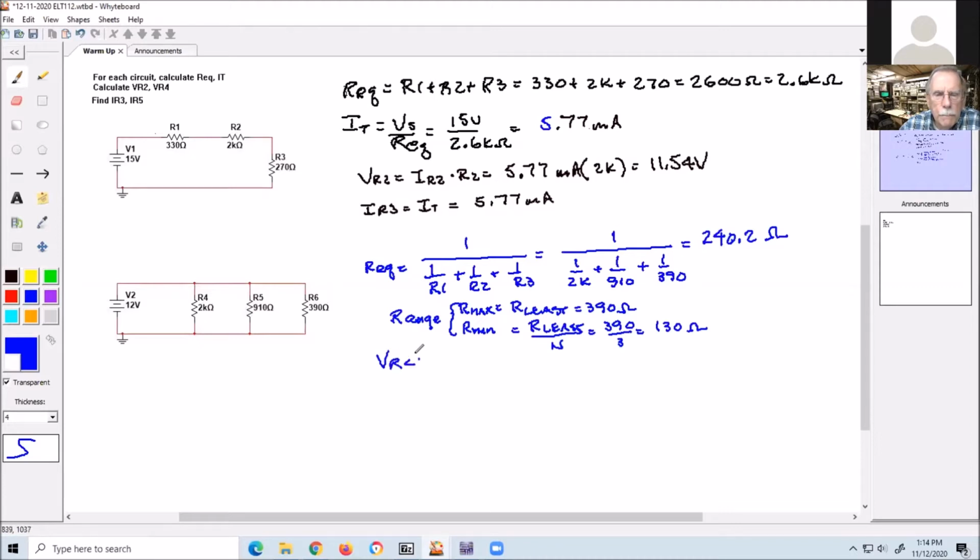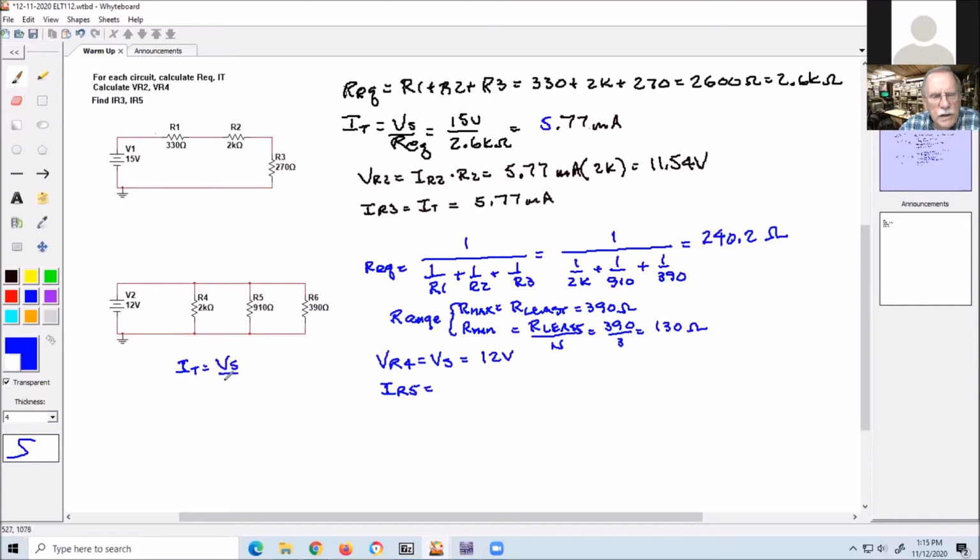VR4, because it's a parallel circuit, is equal to V sub S. So that is 12 volts. And then IR5, remember this is a parallel circuit, so it's not equal to IT. Oh, I had to find IT. Let me do that over here.